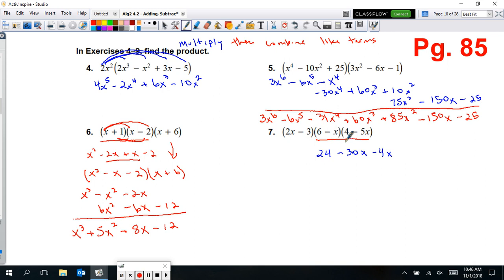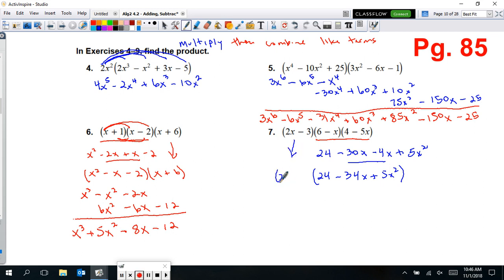And then my last one here, negative times negative is positive, and it's going to be 5x to the second power. Again, I can combine those two x terms in the middle, leaving me with 24, negative 34x, and then plus 5x squared. Let's put that back in a parenthesis.